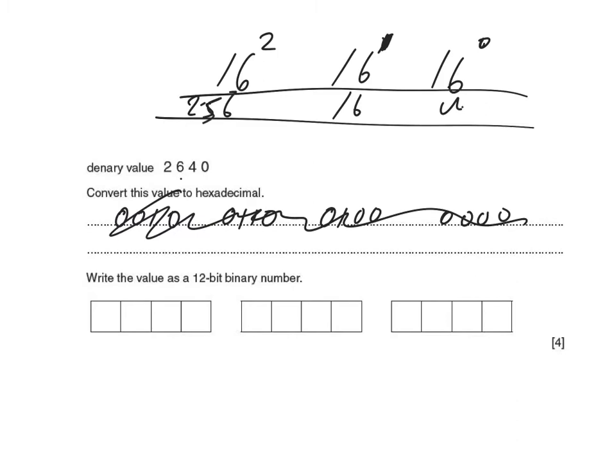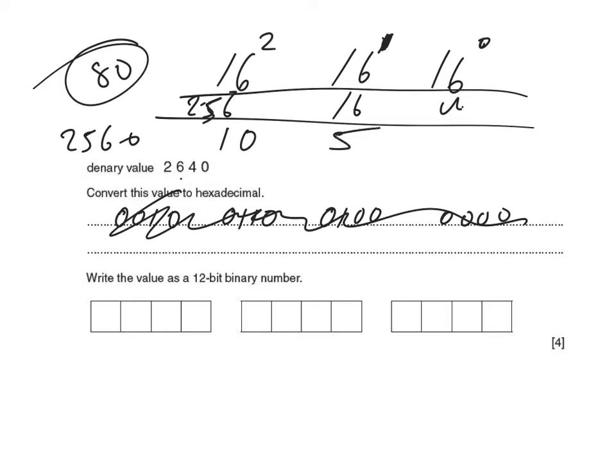So if we look at that, we can have 10 256s to give us 2560, which leaves us with 80. 80 divided by 16 is 5 times, and then 0. You can double check my math for me actually, but obviously the answer wouldn't be 10, that would be A50 to get the correct answer on that one.